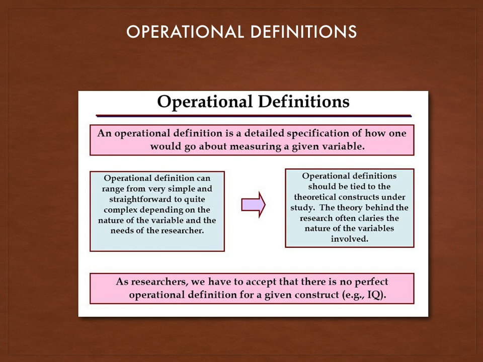These operational terms have to be very clear. As it says on the screen, an operational definition is a detailed specification of how one would go about measuring a given variable. Operational definitions can range from very simple and straightforward to quite complex, depending on the nature of the variable and the needs of the researcher.